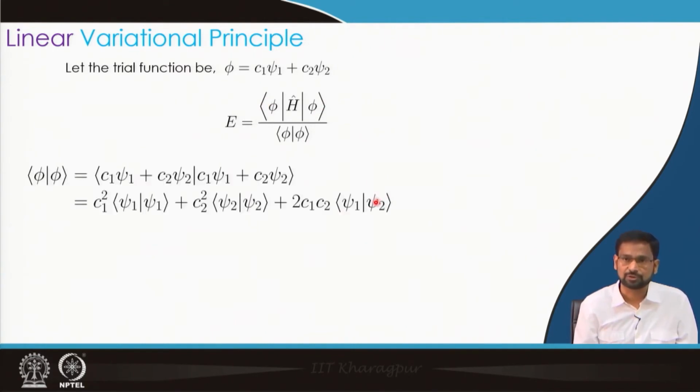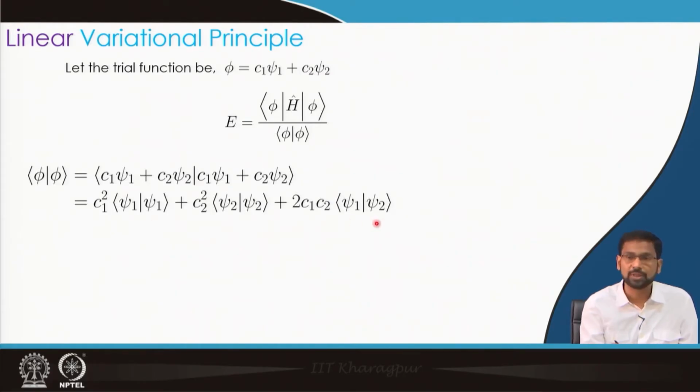Let us start first with the overlap function. When I try to calculate the overlap function as shown here, you see I have in the bra the expression for the trial wave function, and in the ket again the same function appears. I see there is psi1, psi2 in the bra, psi1 and psi2 in the ket.